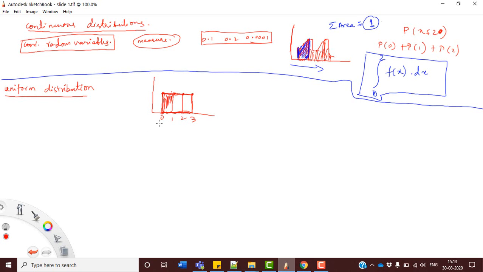If this becomes a parallel line, and as we said, this area is the area of probability, the area is now 1, or it will always remain 1 in all of the continuous distributions. So what we can also derive here is, if the number of values of a random variable increases, the probability also might decrease a bit.